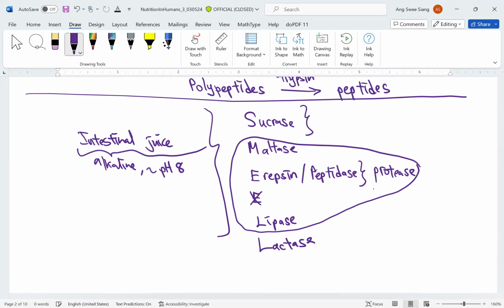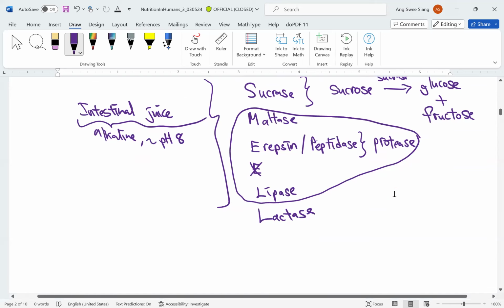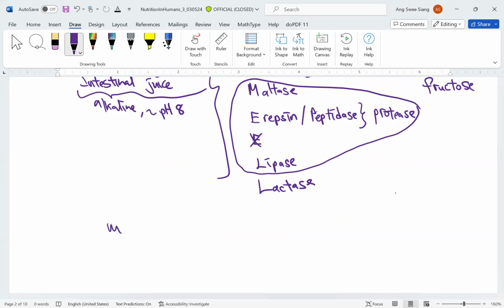Sucrase digests sucrose into glucose and, let me think, I cannot remember, fructose. Am I right? Do you have this in your textbook? Correct, I remember correctly, glucose and fructose. Then maltase will digest maltose into glucose.